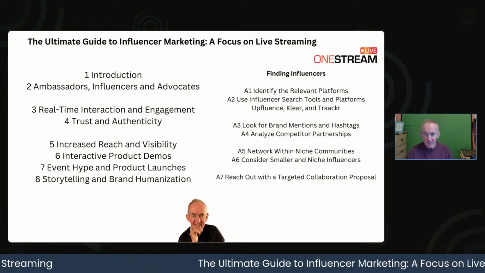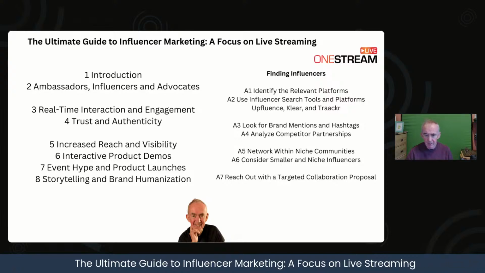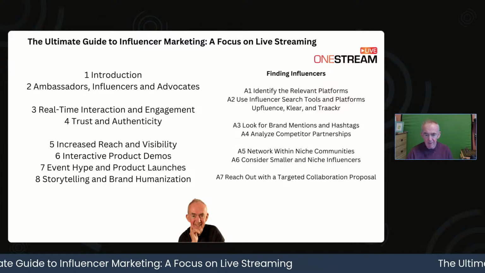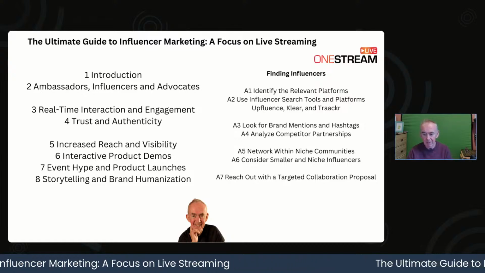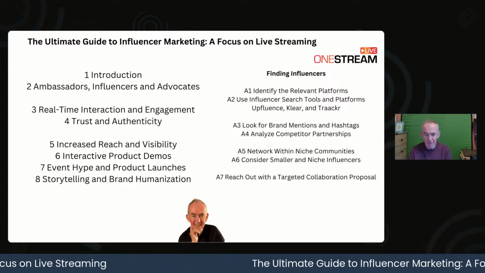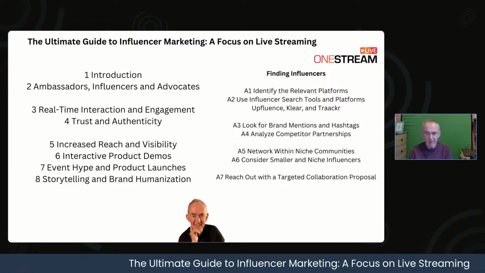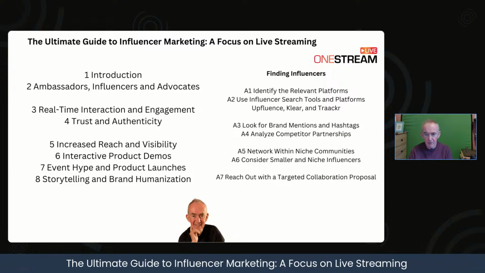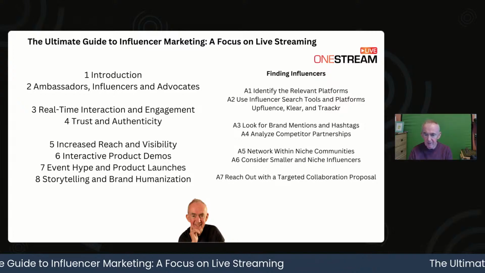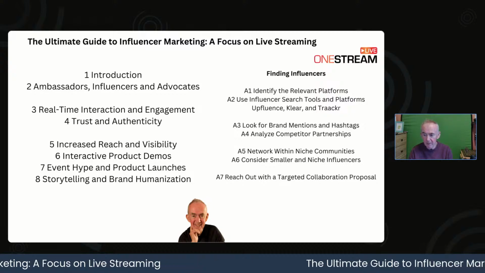Real-time interaction and engagement, trust and authenticity, increased reach and visibility, interactive product demos, event hype and product launches. Hype, well, factual hype, of course, and then storytelling and brand humanization. If you can say that an influencer uses your brand, then you're building credibility. And you can have as many influencers as you want working on your behalf.